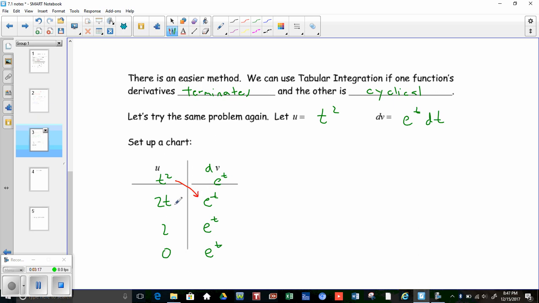Then I go to the 2t, and I match it up with this one and multiply. Then I match this 2 up with this e to the t and multiply. So it's a diagonal here. And obviously there would be another e to the t down here, but the 0 times e to the t would just cancel everything out because it's all 0.